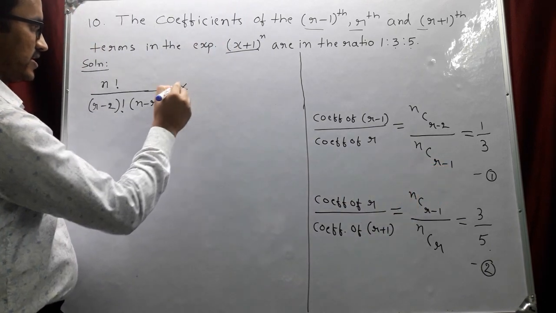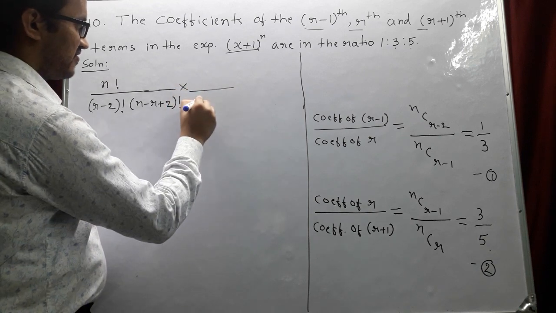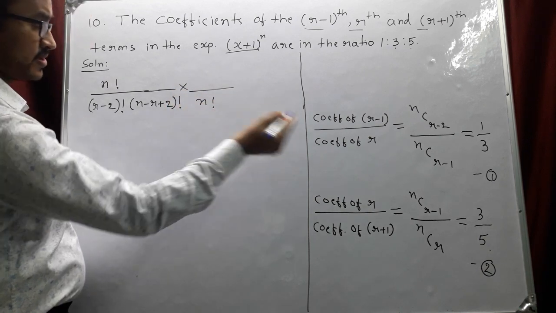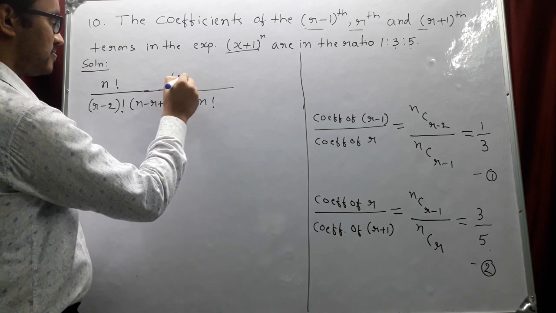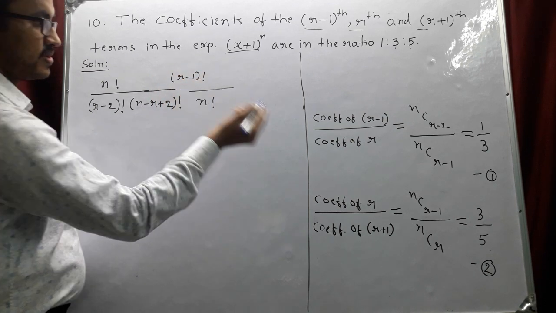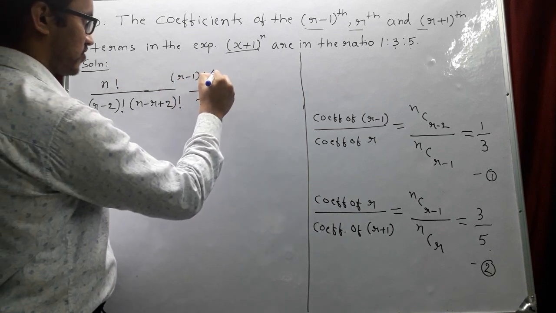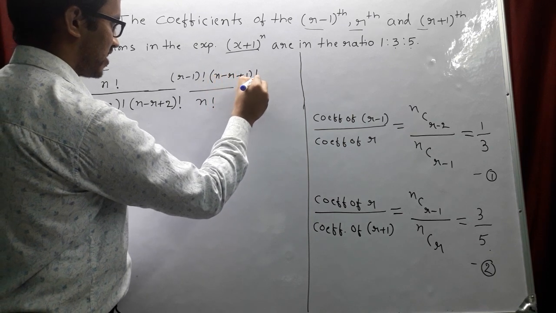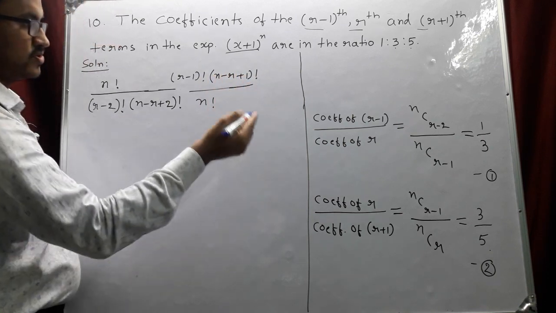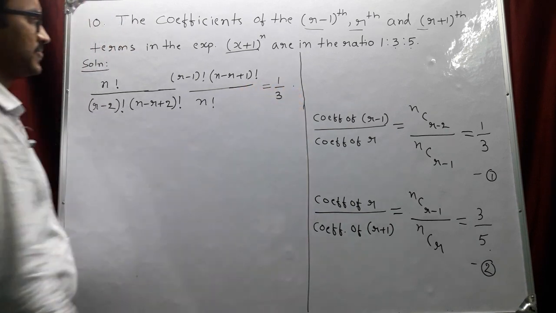So what we can write, that is same as n factorial by r minus 1 factorial into n minus r minus 1 factorial, that is n minus r plus 1 factorial. So that is equals to how much? 1 by 3.